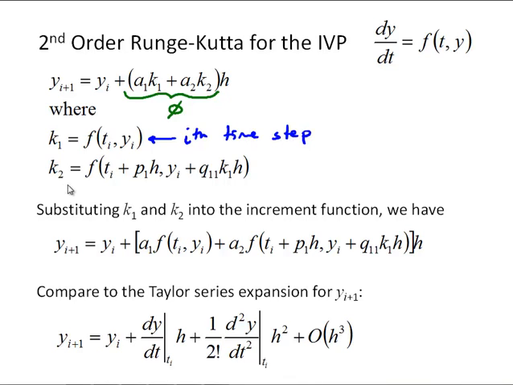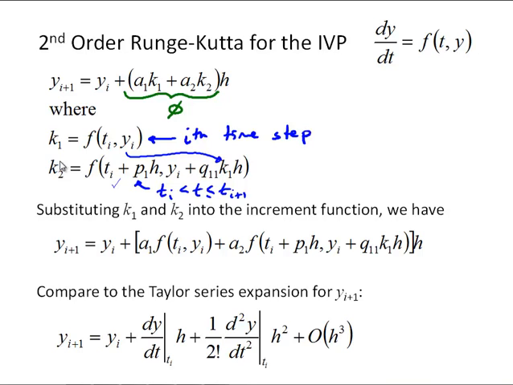And k2 is going to be the function evaluated at some intermediate time determined by that constant p1, somewhere in between t i and t i plus 1, and it could be at t i plus 1. And y i is incremented again using k1.